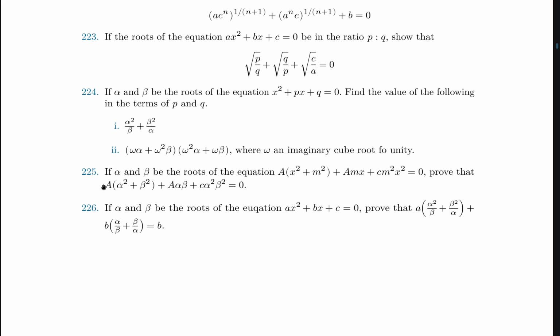Now question 225 says that if alpha and beta be the roots of the equation a into x square plus m square plus mx plus cm square x square is equal to 0, prove that a into alpha square plus beta square plus a into alpha beta, plus a alpha beta plus c alpha square beta square is equal to 0.